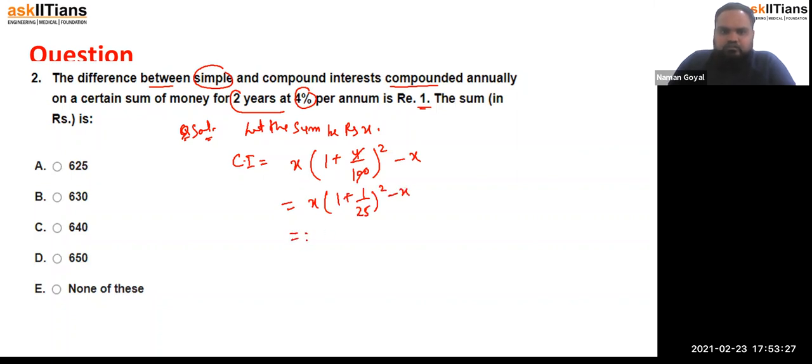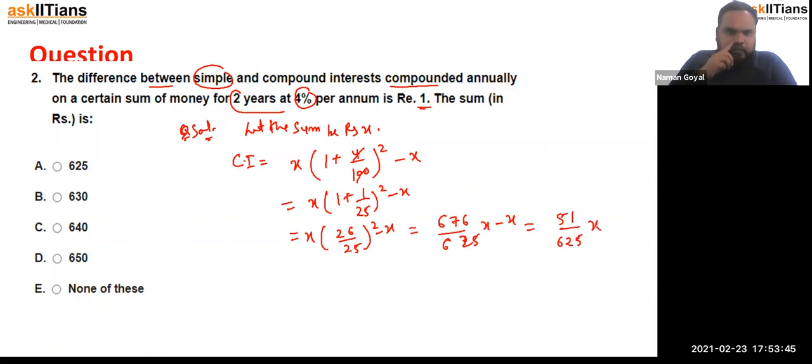Minus x. So it will be 25 plus 1, 26 upon 25 square minus x. So it will be 676 upon 625 x minus x. If you solve this, you will get 51 upon 625x, right? Now this is the compound interest. And we know the formula for simple interest also.